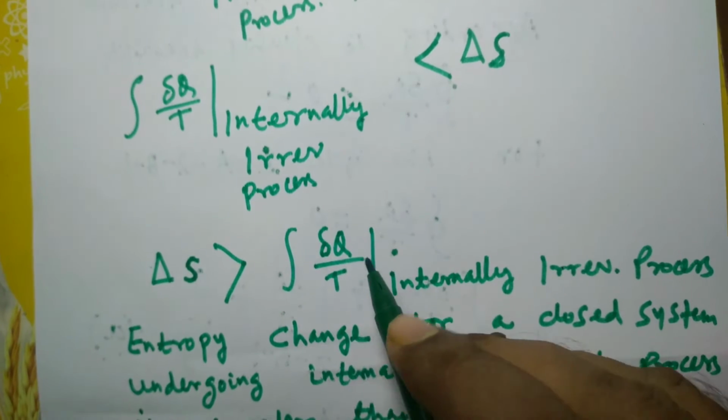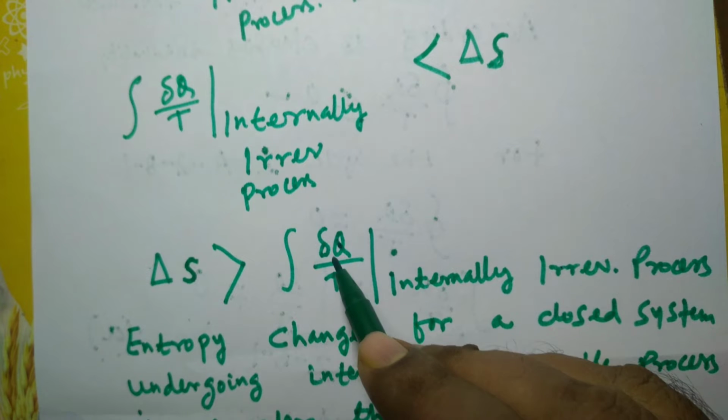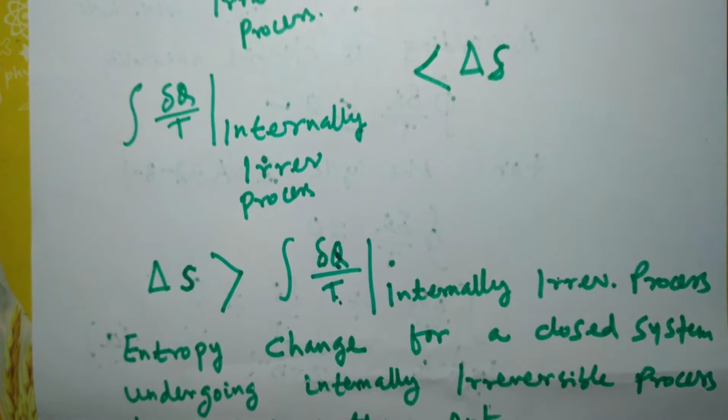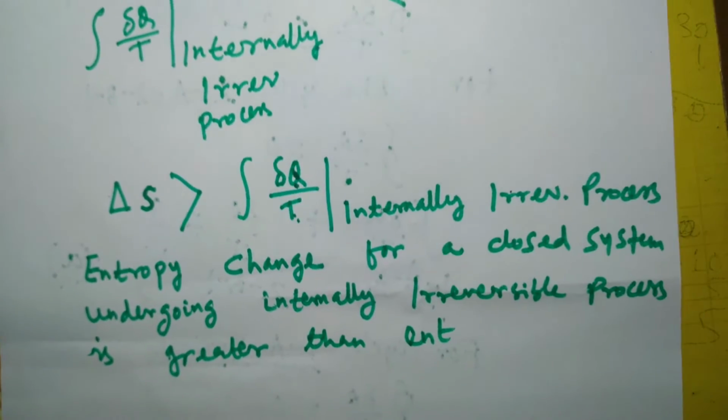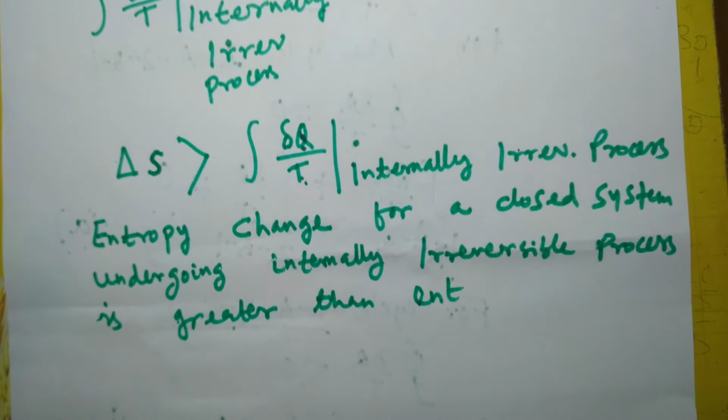the entropy transfer. This term, the integral of del Q by T, always represents the entropy transfer. Entropy transfer takes place whenever heat transfer takes place between the system and surroundings. When heat is added to a system, entropy transfer is positive, that means entropy is transferred into the system.